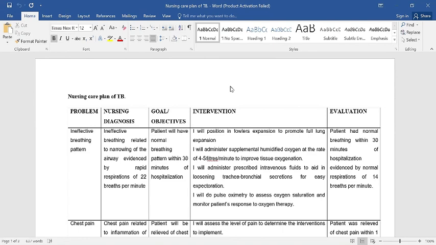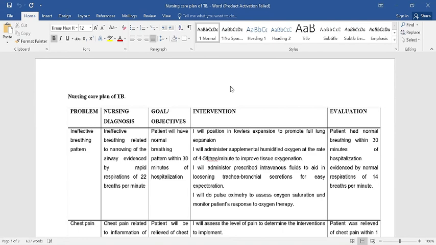So the first thing that we have to know is that our patients with pulmonary tuberculosis experience difficulties in breathing, and you find that they can also have hyperventilation.